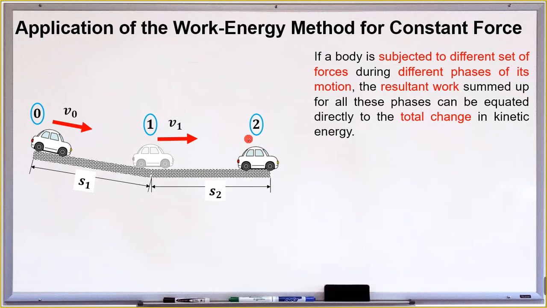Let's consider this the second point. So we have the 0th point, first point, and second point of motion, and of course it also has a final velocity. Between 0 and 1 there is an acceleration, which I did not draw, and also from 1 to 2.